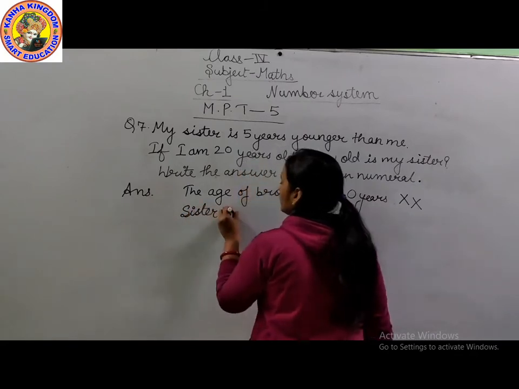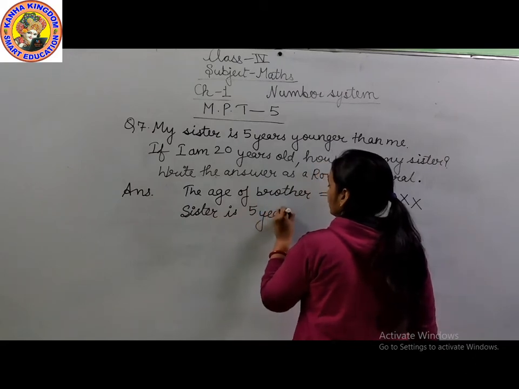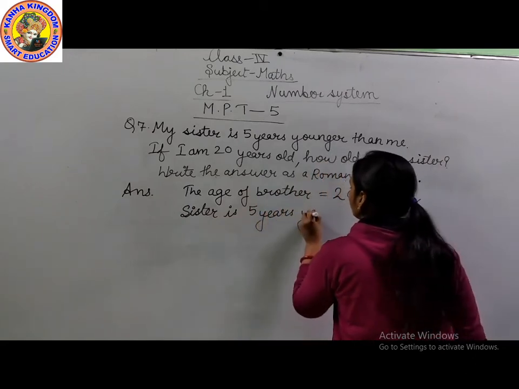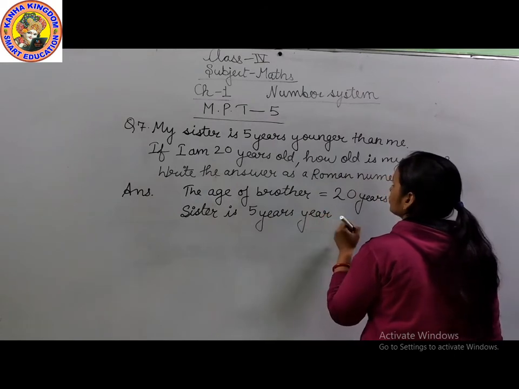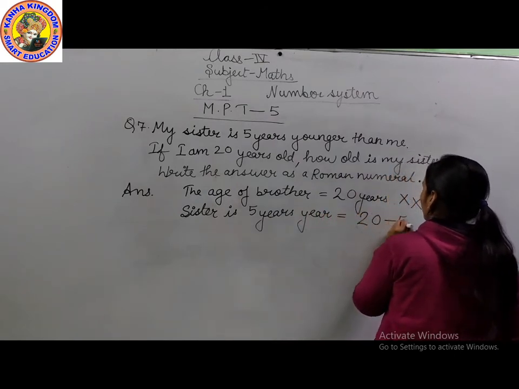Sister is 5 years younger, means 20 minus 5.